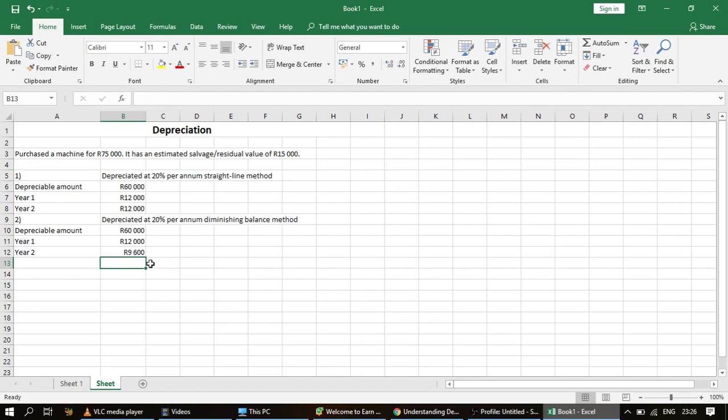We multiply that by 20%, and we get depreciation for the second year. Depreciation for the third year will be done exactly the same way. We're going to take 60,000 rand minus 12,000 rand minus 9,600. That answer multiplied by 20%. So we always use the carrying value when it comes to the diminishing balance method, but with the straight line method we always use the depreciable amount.